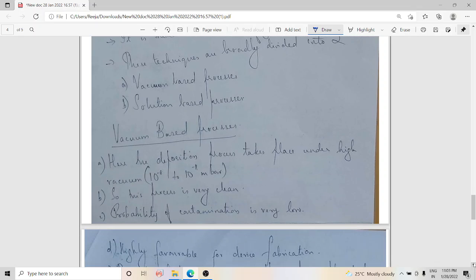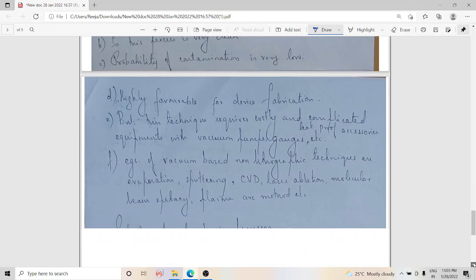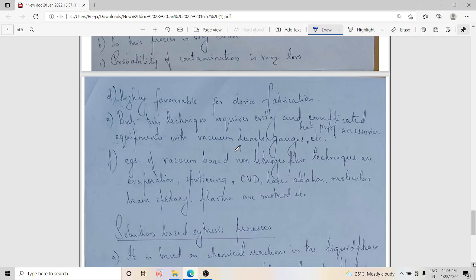Now, what are vacuum-based processes? Here the deposition takes place under high vacuum. So the process is very clean, because other materials are not present, and the probability of contamination is almost zero.